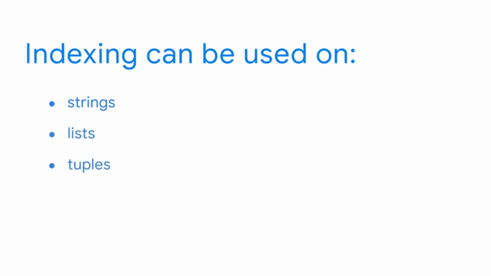By the way, indexing isn't just for strings. It also works on many other data types, like lists, tuples, and others, as long as they're iterable. You'll learn about these other data types soon. Python uses zero-based indexing. That means that the first element of a sequence is indexed as 0.